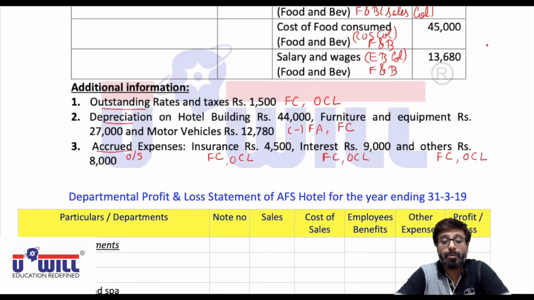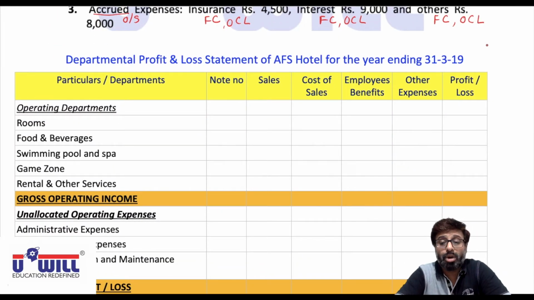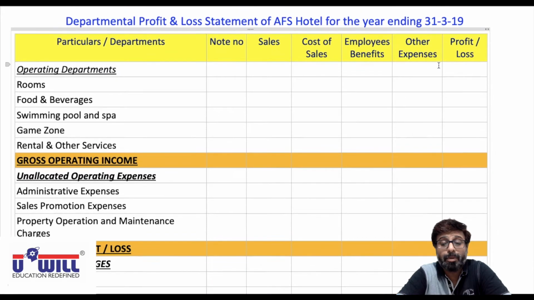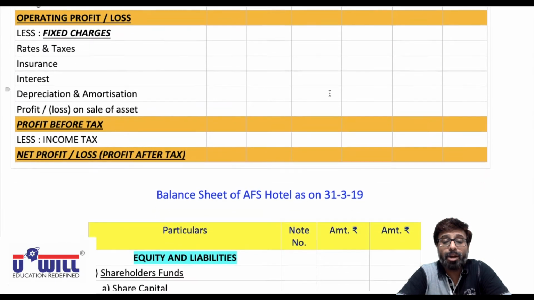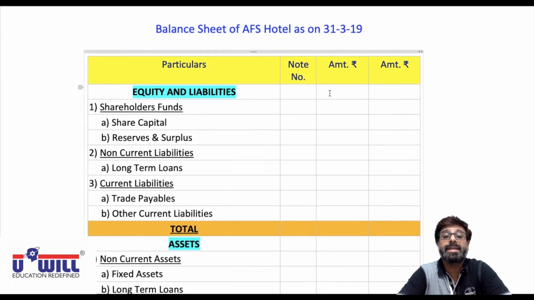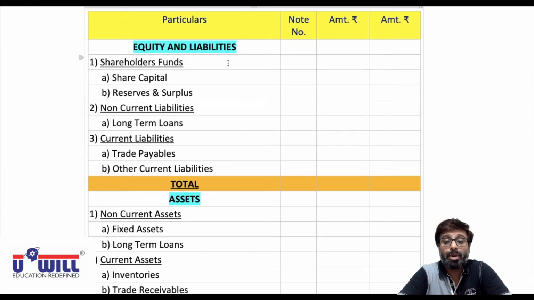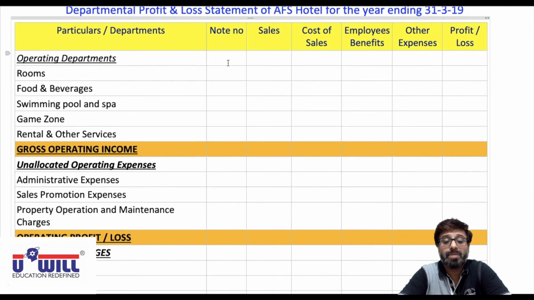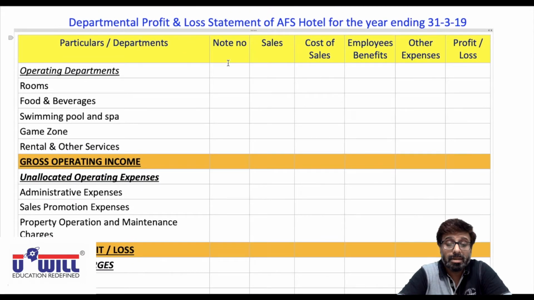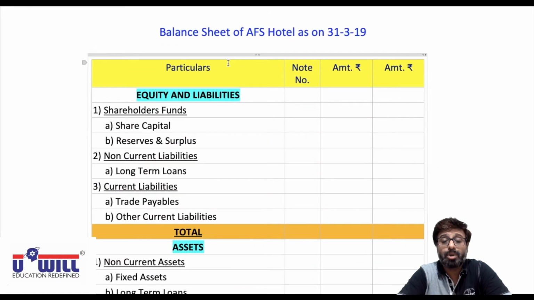However, in the beginning all of you make the format. You can pause the video and make this format of departmental profit and loss statement, what we have been doing in this columnar form earlier, and also make the format of balance sheet, what we studied in the last lecture. Balance sheet format, equity and liabilities. I am not discussing P&L statement format because we have done a lot of practice for this in the past, so I am quite sure you all already remember this. But balance sheet we are doing for the first time, so look at that format once again. Equity and liabilities: shareholders funds, share capital, reserves and surplus, two things in that.